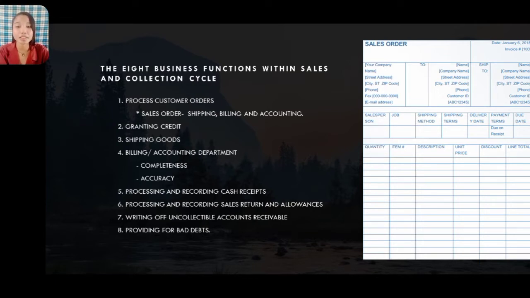Companies cannot expect to collect 100% of their sales, so at the end of each month or at the end of every quarter, they estimate bad debts expense. So again, these are the 8 steps of business functions within the sales and collection cycle.